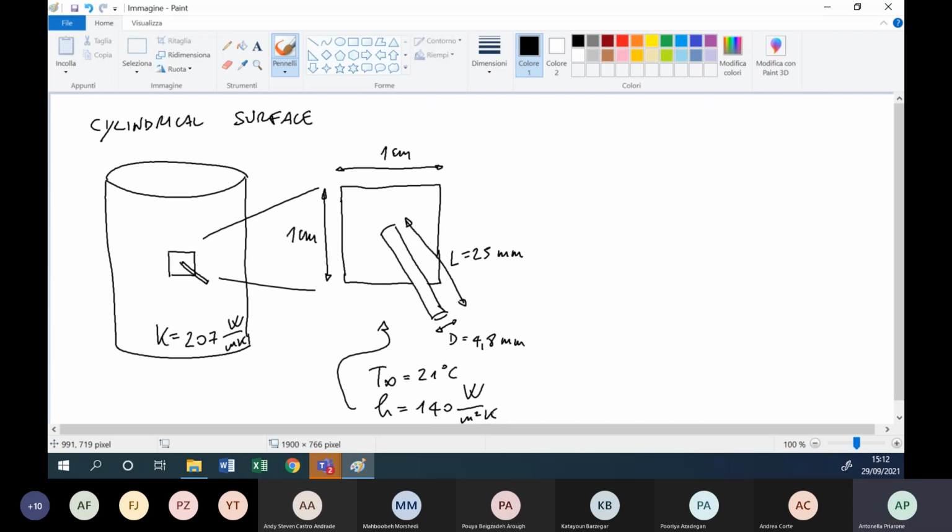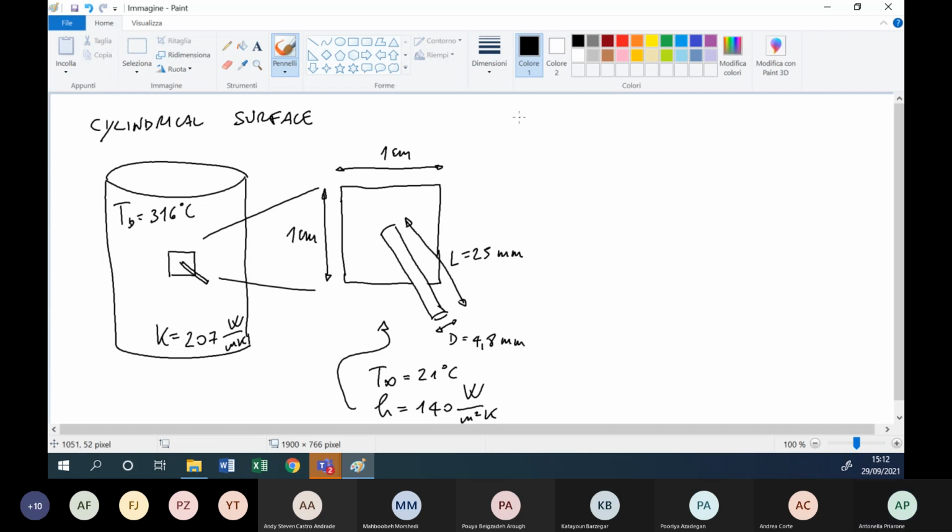I have that the base, T base, is equal to 316 Celsius degree. So the situation is this one. I apply for each square centimeter of my cylindrical surface a fin with this shape described in the sketch. I know the thermal conductivity of the material, the temperature of the base, the T infinite and h. How much do we increase the heat flux by applying this type of fins?